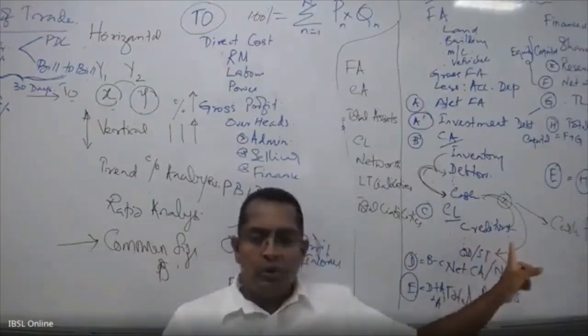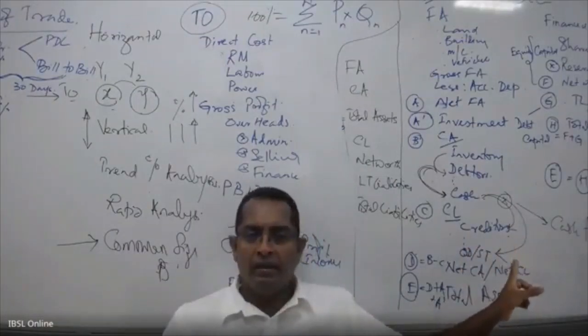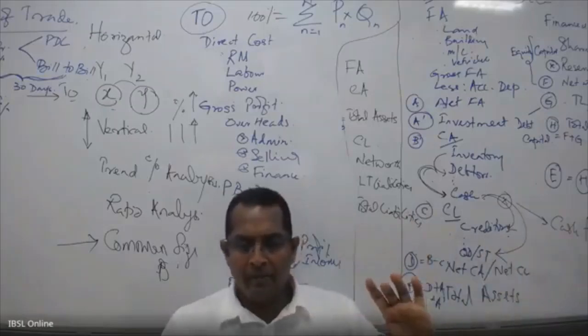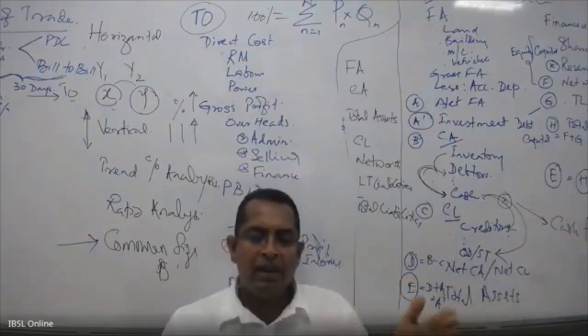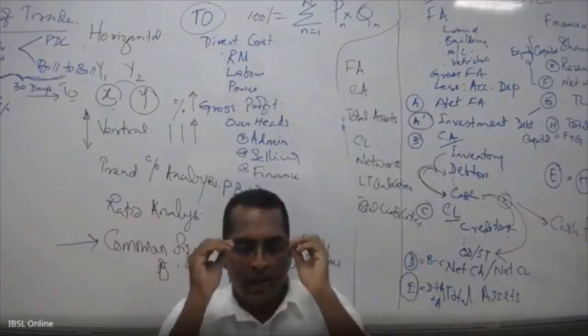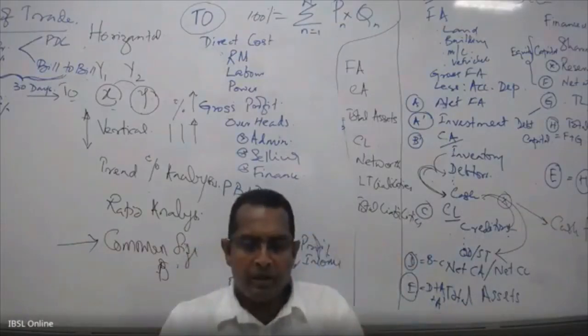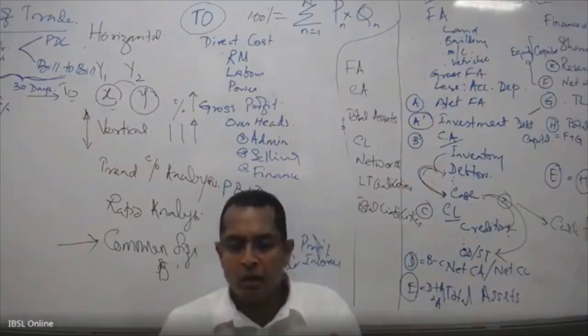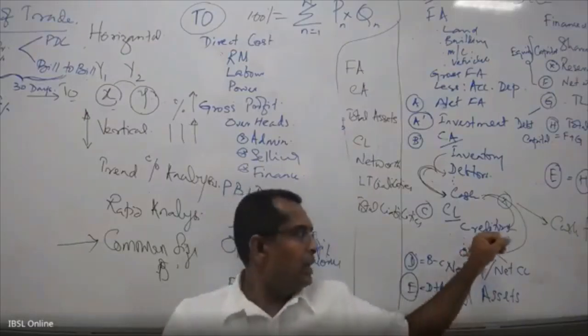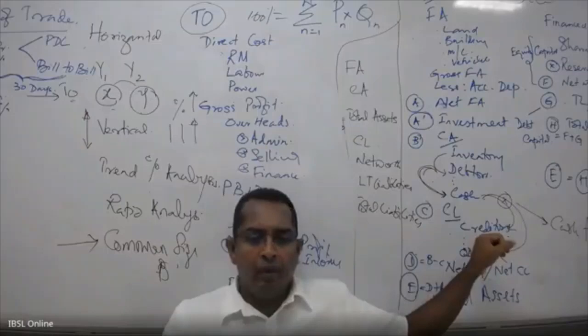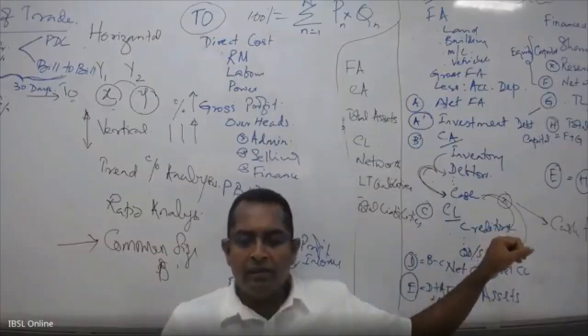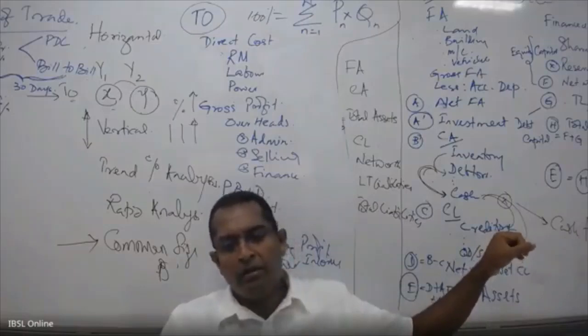So you should get the creditors. But if the creditors are coming at a cost, then no point getting creditors. If it is not with the additional cost, it is better to get credit from the market because you are not using your funds. Your funds is the most expensive thing.